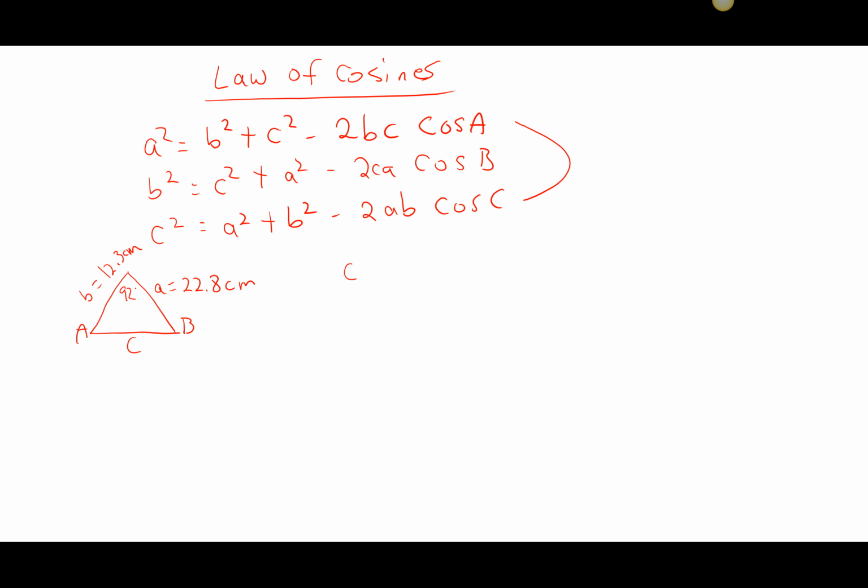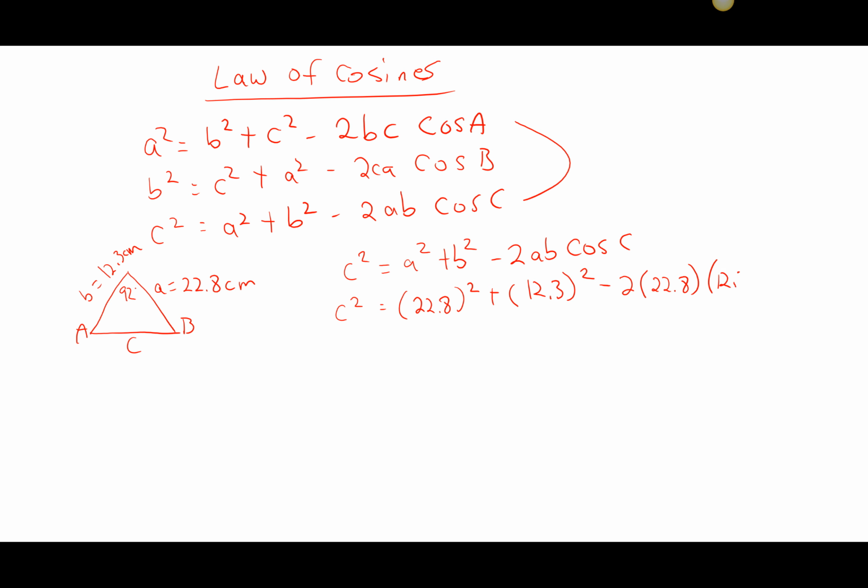So in that case, we're going to use the c squared formula. c squared equals a squared plus b squared minus 2ab cosine C. So c squared equals 22.8 squared plus 12.3 squared minus 2 times a, 22.8, times b, 12.3, times cosine 92 degrees.